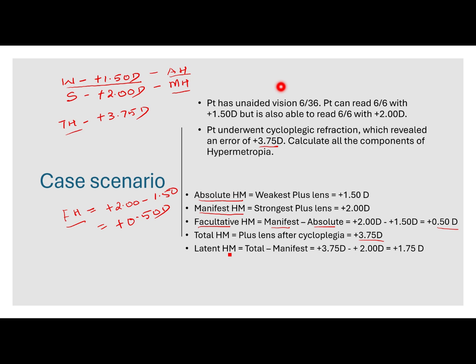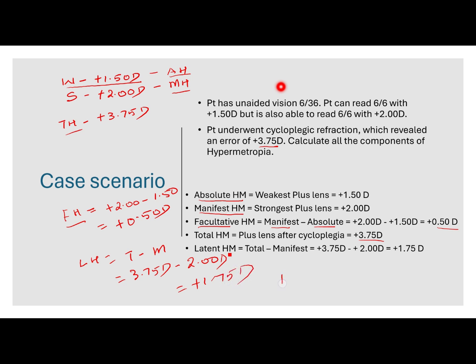Now how do we find out latent? Latent hypermetropia is nothing but total minus manifest. So here, what is the total? Total is 3.75 diopters minus manifest, which is 2.00 diopters, which gives us plus 1.75 diopters.